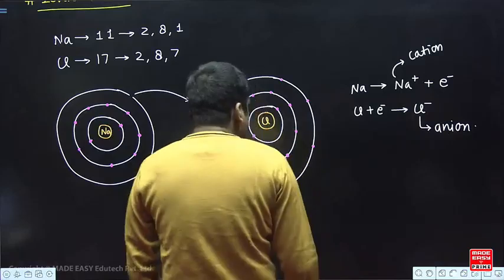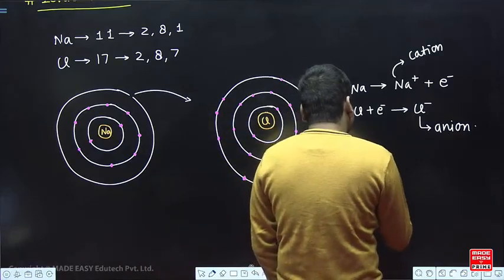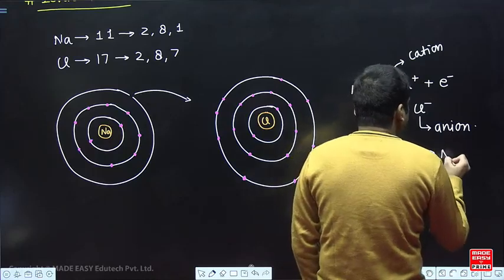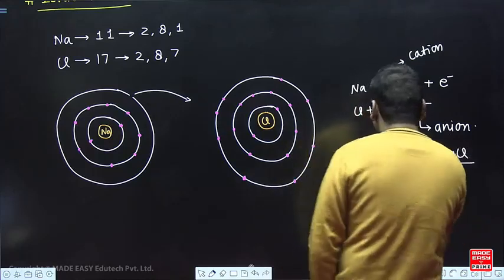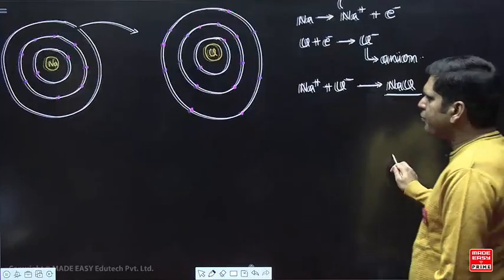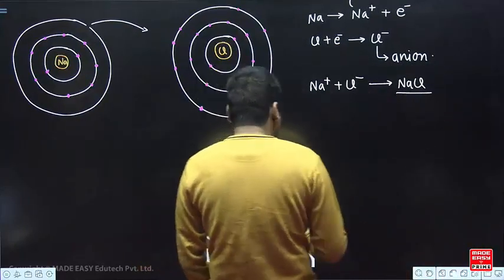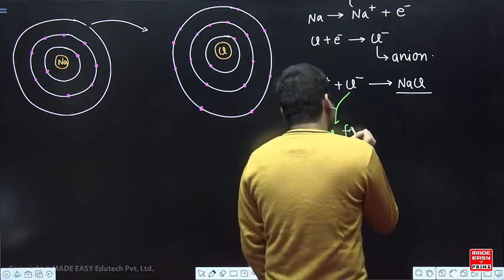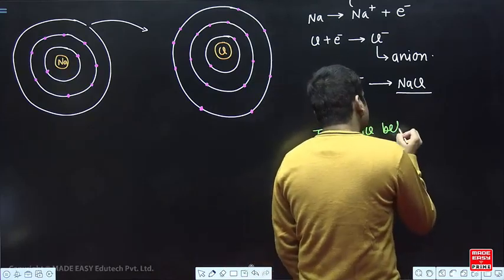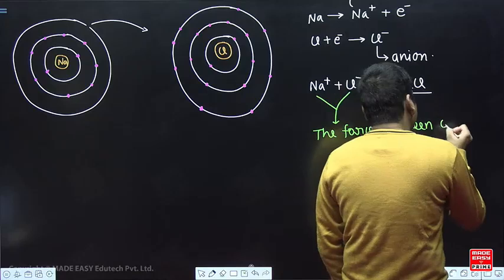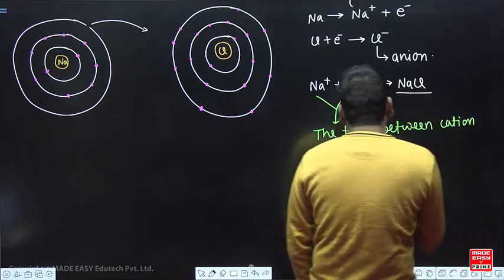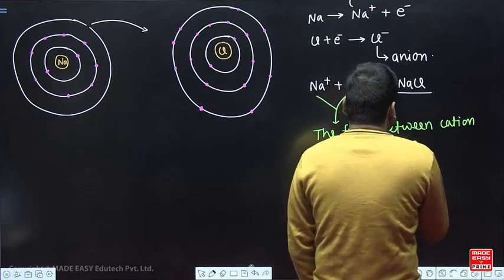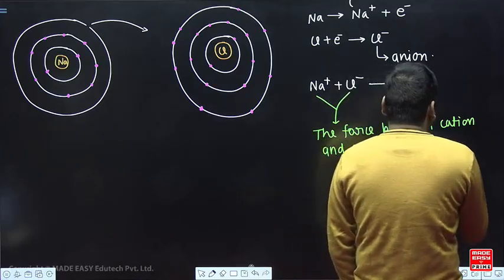Now these cations and anions will attract each other with a strong force, and that force is known as an ionic bond. So basically the force between the cation and anion is known as an ionic bond.